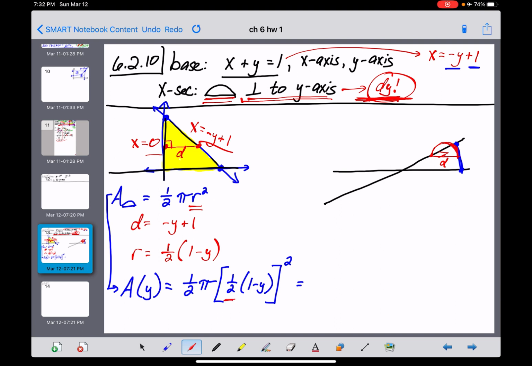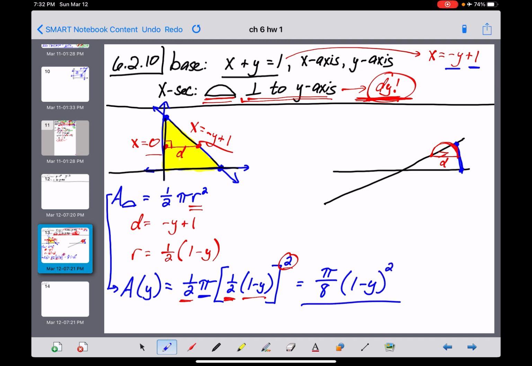You've got two factors in the base, 1/2 and the 1 minus y, they both get squared. So the 1/2 squared is going to make a 1/4, which I'm then going to multiply this 1/2 now to make a 1/8. And I'll multiply that by pi as well, and I think I'll just make that a pi over 8 out in front. And then we've got a 1 minus y quantity squared, and I'm going to leave it like that.